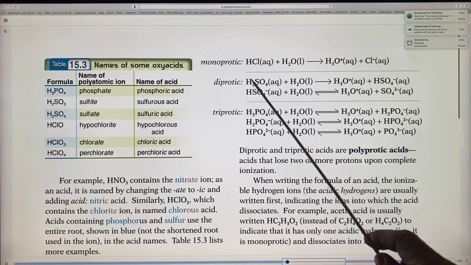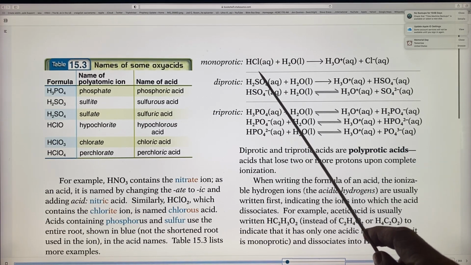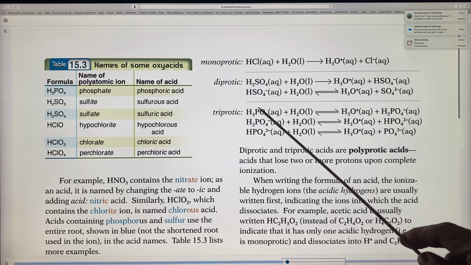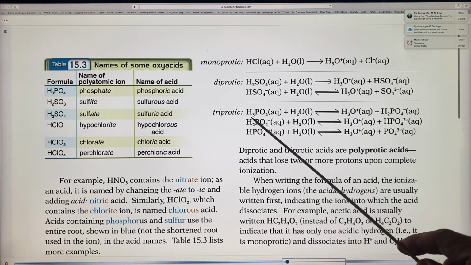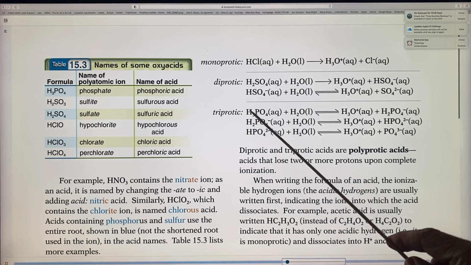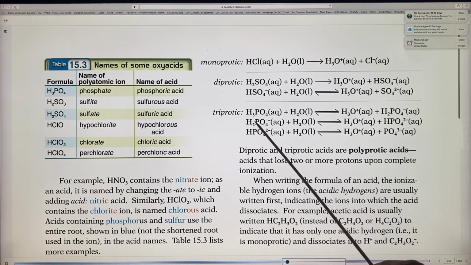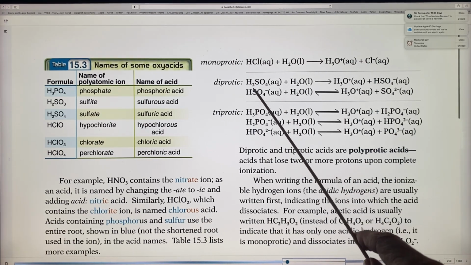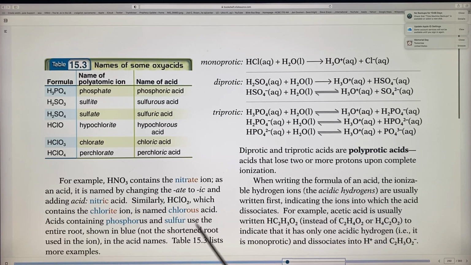It has 2 hydrogens. If there are 2 hydrogens in the front, and they're going to lose those hydrogens, which they do, it's going to be diprotic. Look at this one, it has H3. 3 hydrogens, it's triprotic. So it can lose 3 hydrogens. Just look at the first letter there, and you'll see if it's mono, or it's di with 2, or it's with 3.